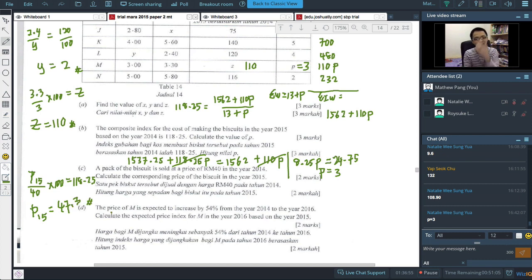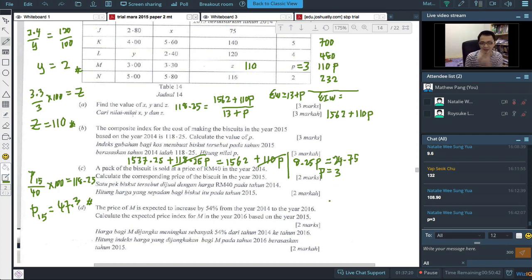It's very easy. So the next one, the price of M is expected to increase by 54% from 2014 to 2016. Okay, so it asks you to calculate the expected price index for M for 2016 based on 2015.